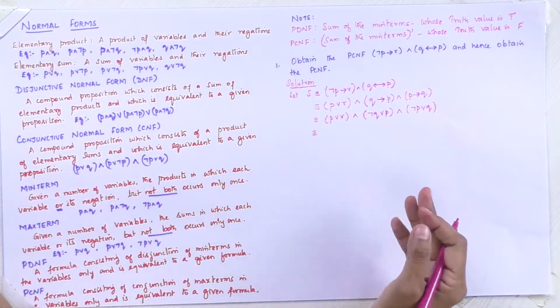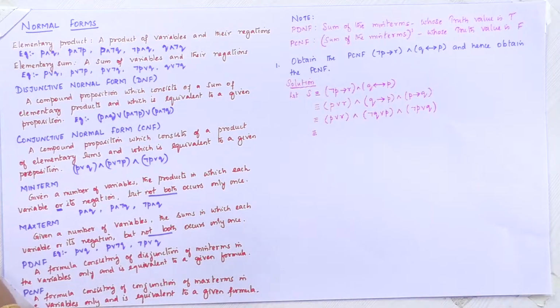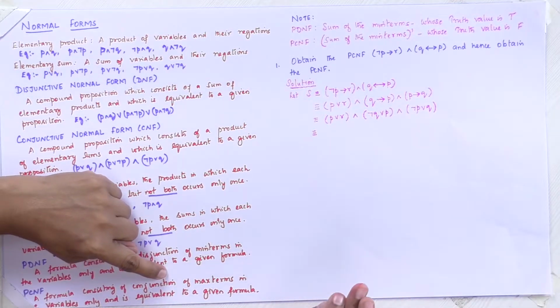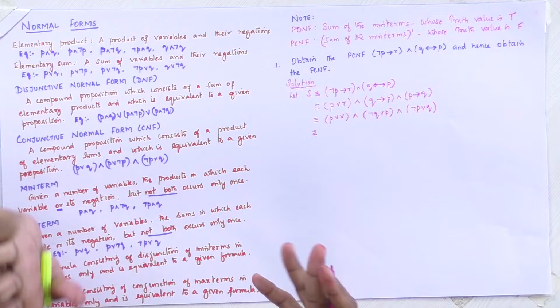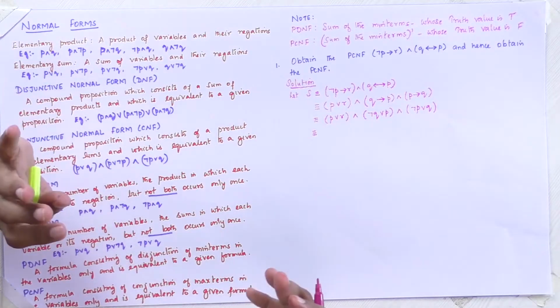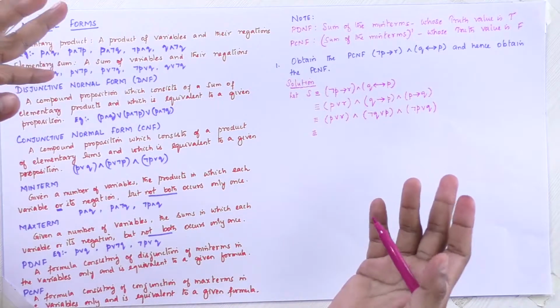Why do I say that this is not principal conjunctive normal form? Because what does that statement say? A principal conjunctive normal form is a conjunction of the max terms in the variables, and that should be equivalent to the given proposition. First, in the given proposition, I will have to see how many variables are present.